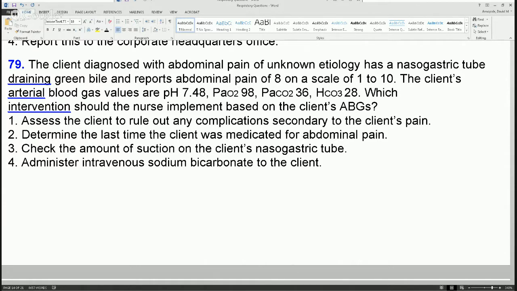All right, Aaron. Client diagnosed with abdominal pain of unknown etiology has an NG tube draining green bile. Reports abdominal pain of 8. The client's ABGs are as follows. Which intervention should you implement based on the ABGs?